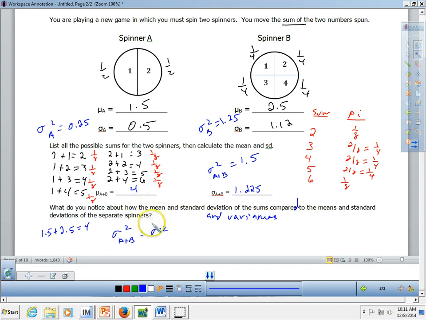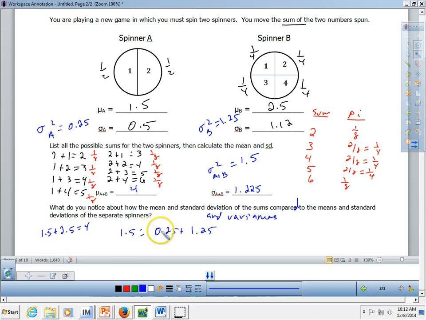Okay, so, well, we'll do it this way. So 1.5 does indeed equal 0.25 plus 1.25. Okay, now, how does that relate to standard deviation? Let's do a little bit of algebra work, right?